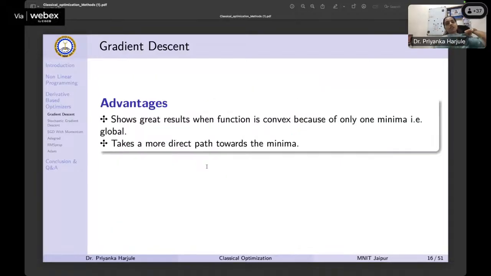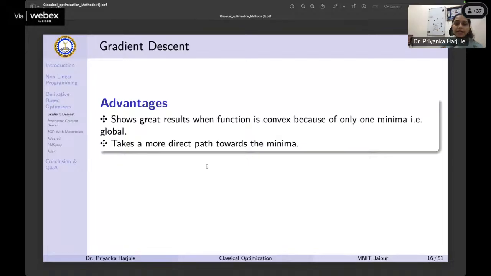So the advantages of this method: it's great for functions which are convex. We will see what convex functions are in my next lecture, that is tomorrow. Theoretically, convexity ensures us that if the function is convex, then you are guaranteed to have one minimum, and if it is strictly convex, then you are guaranteed that there is a global minimum.